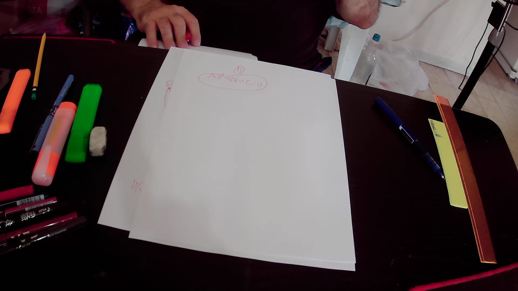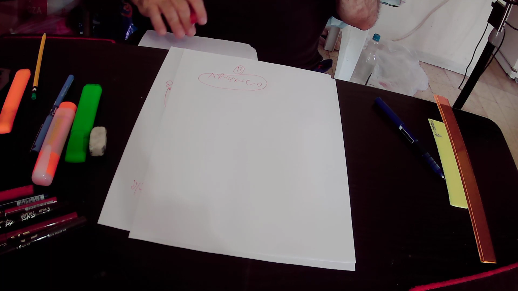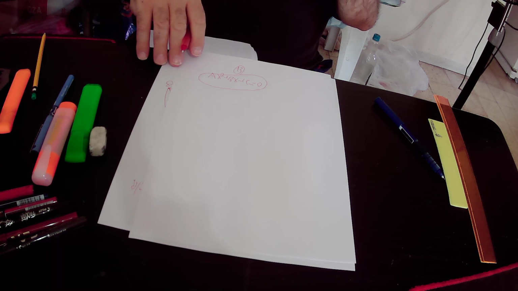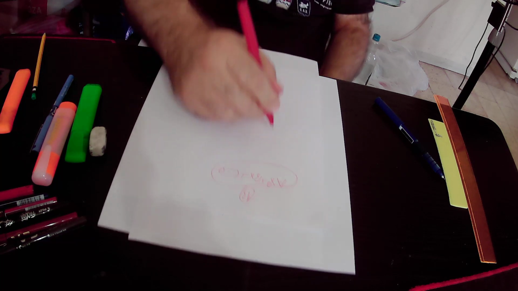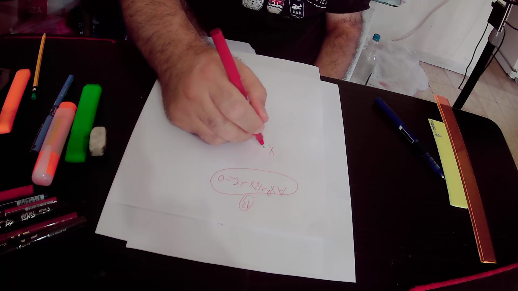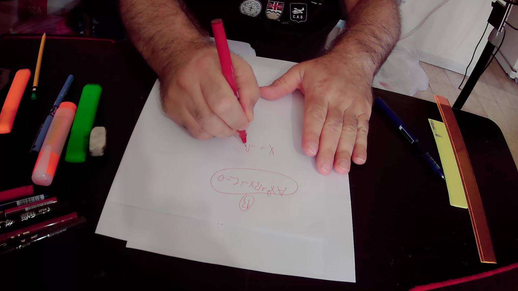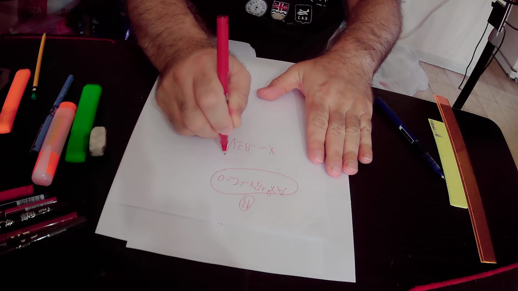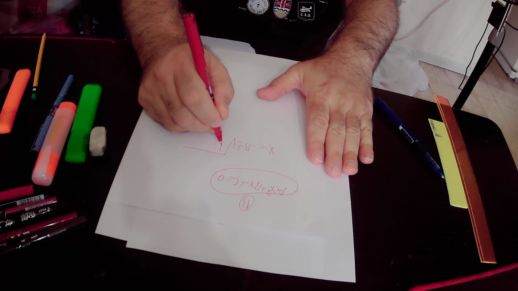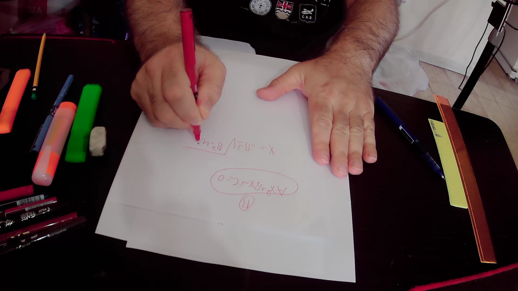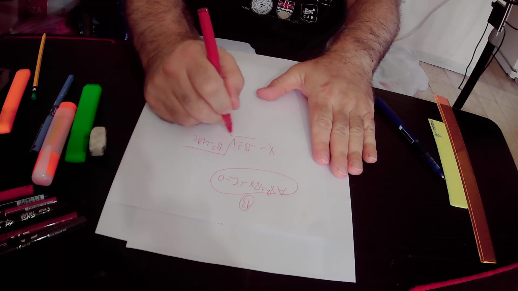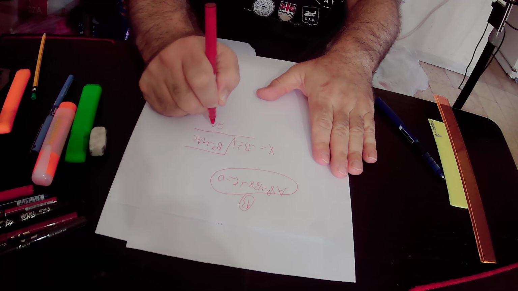We will find the value of x according to a special formula that states that x equals minus b plus minus root of b squared minus 4 times a times c, over 2a.